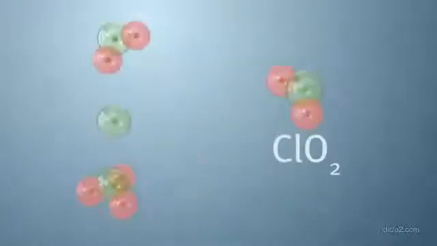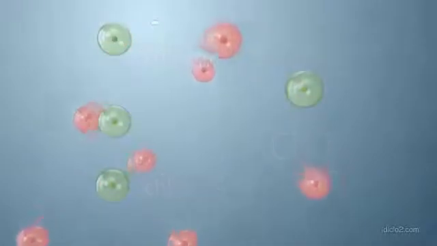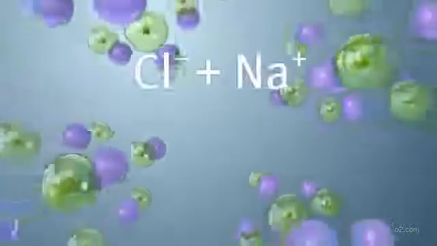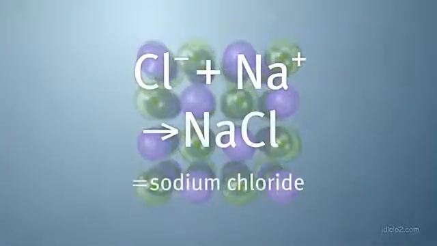Chlorine dioxide, chlorate, and chlorite will all eventually decompose into chloride ions and typically become reassociated with earth mineral cations to form simple salts such as sodium chloride, table salt.